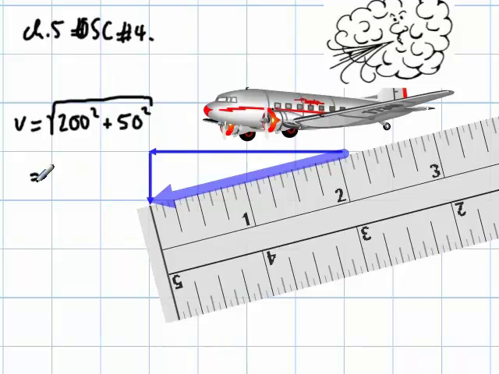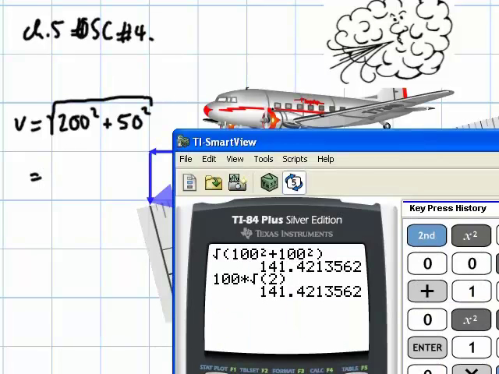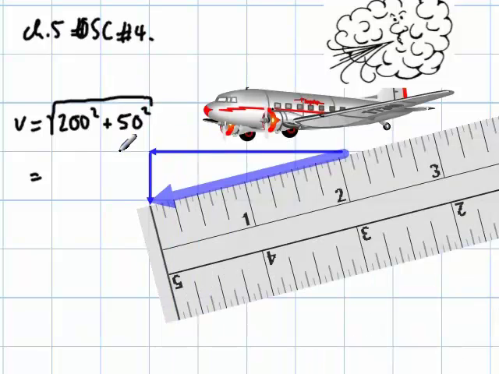When I do that on the calculator, it's the square root of 200 squared plus 50 squared, and I come up with 206, and that's exactly what I had measured. 206 kilometers per hour.